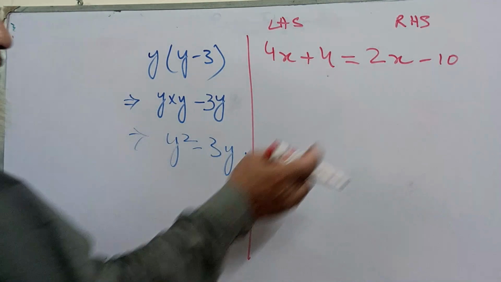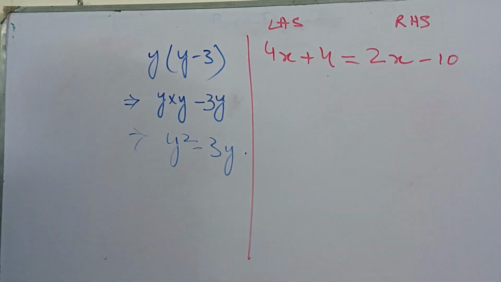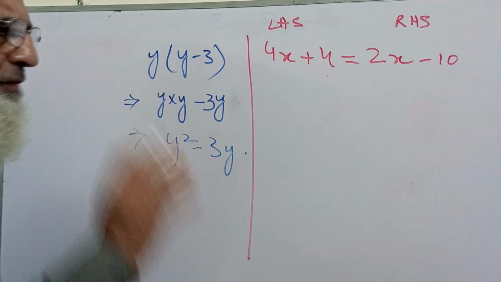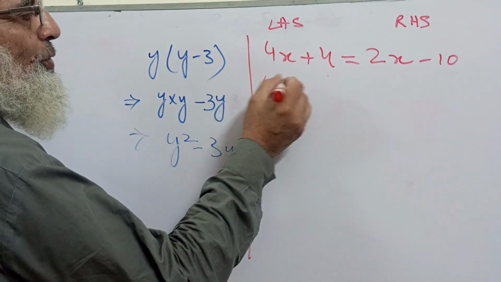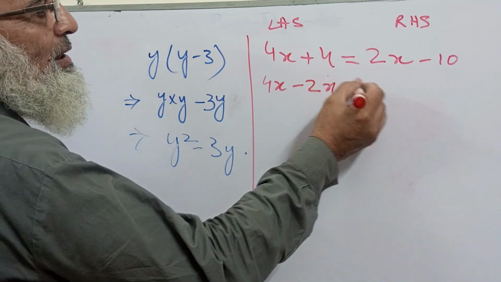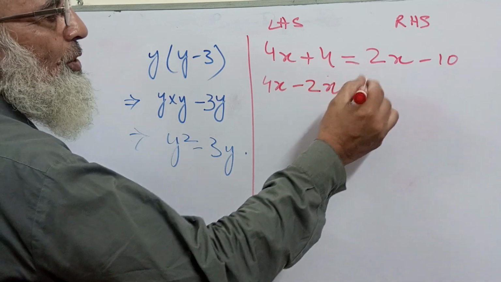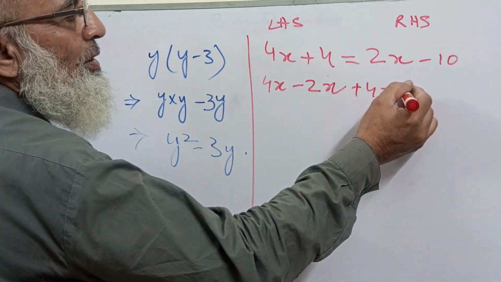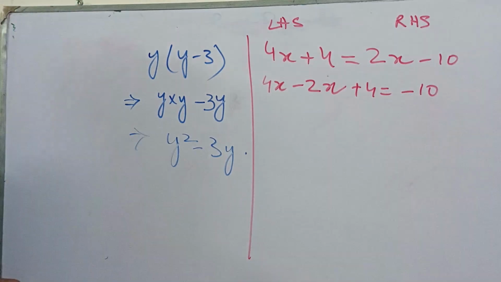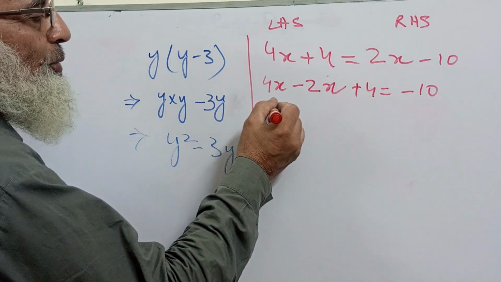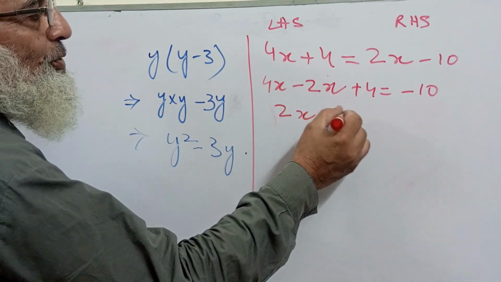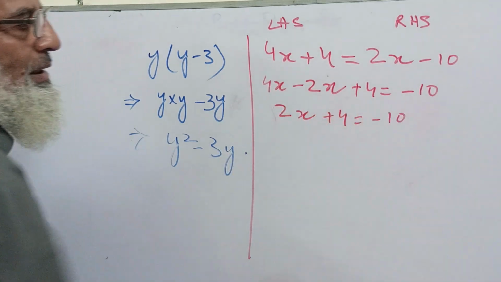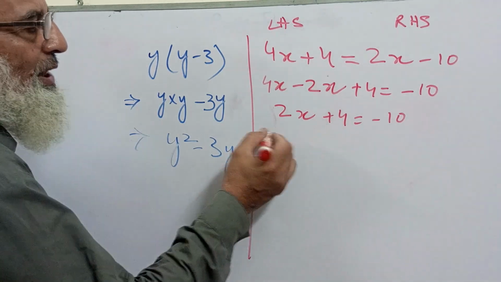We have to eliminate x from the right hand side and bring it to the left hand side. One simple method is just to change the sign: 4x minus 2x plus 4 is equal to minus 10. In the next step, you can just do minus plus 4, and it is equal to minus 10, and then eliminate this.